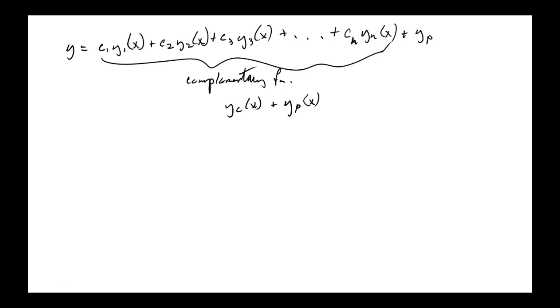And then that contributes to what we call a general solution. And then that backtracks and calls what we were calling the general solution for the homogeneous case is now being called the complementary function to the non-homogeneous case.